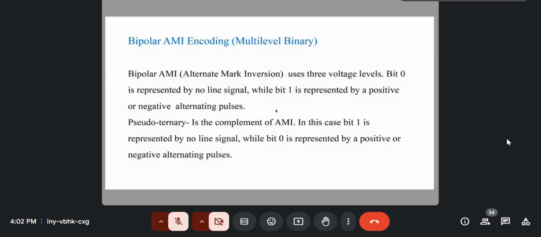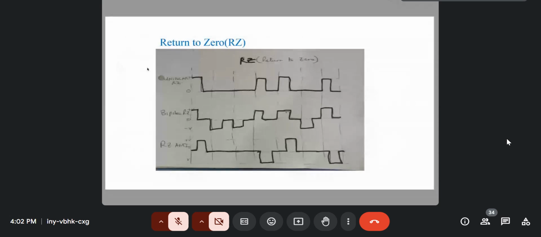So here they are. Unipolar RZ is unipolar, it goes to one side. So that is a half pulse. And you can see this one: if, for example, there are ones following, it would go like this, go like this.